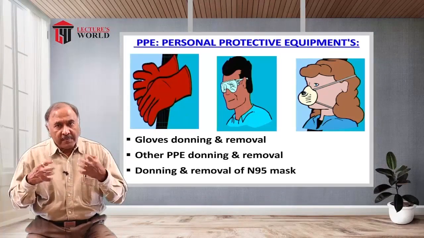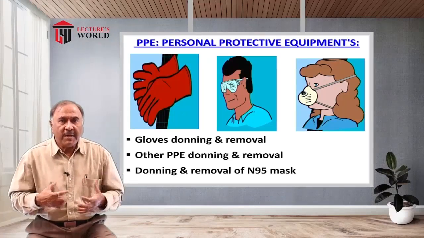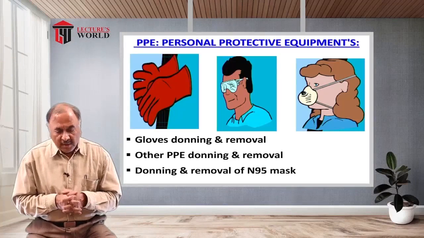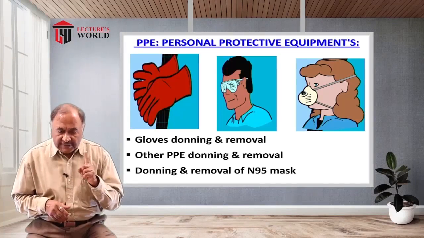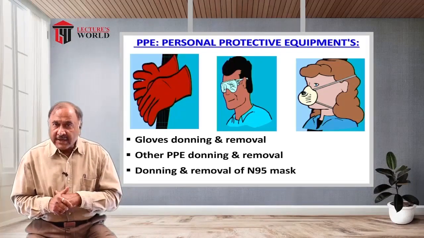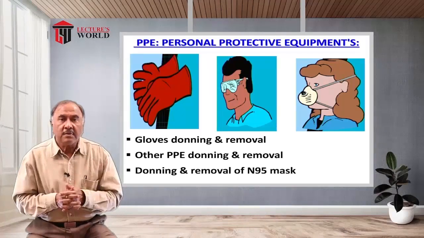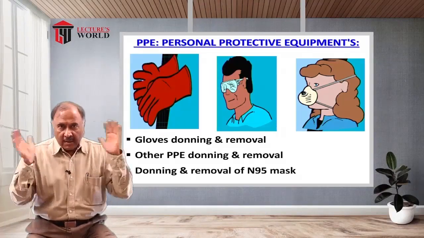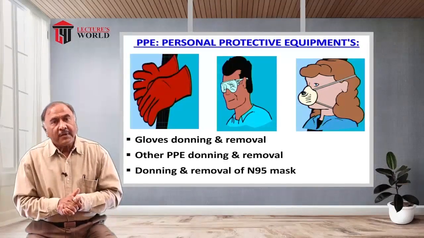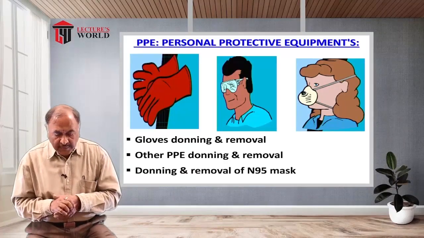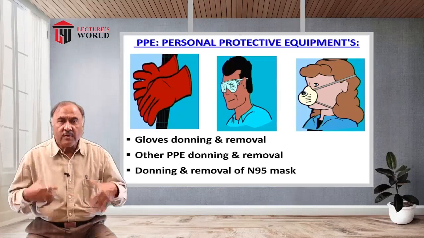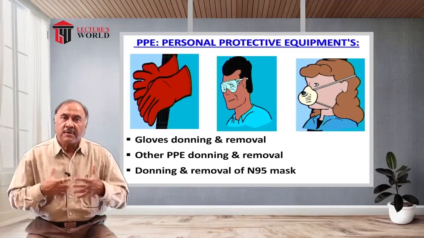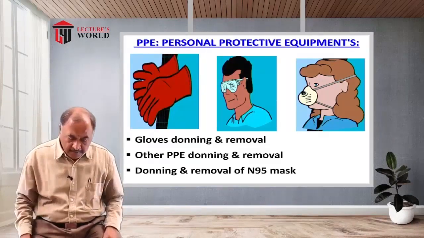That individual's personal body parts have to be covered, and that mainly includes first gloves, second eye shields, that includes goggles or glass shields, it includes mask, as well as the apron or the gown.